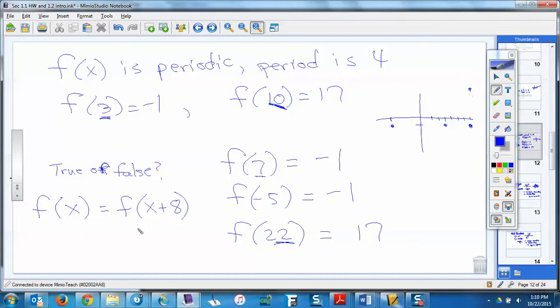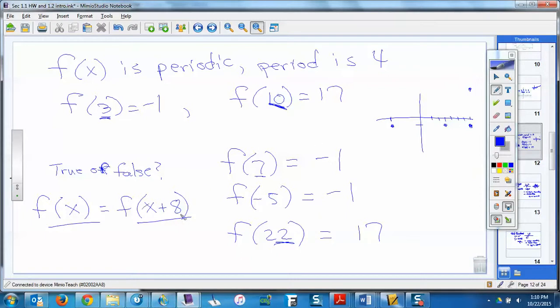Okay? Is this true? What does this mean? This leads into the next thing we're going to talk about. What's f of x plus 8 mean? Hint, it's a shift in the graph. It shifts to the left 8.